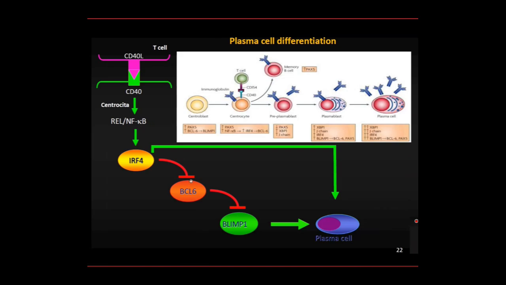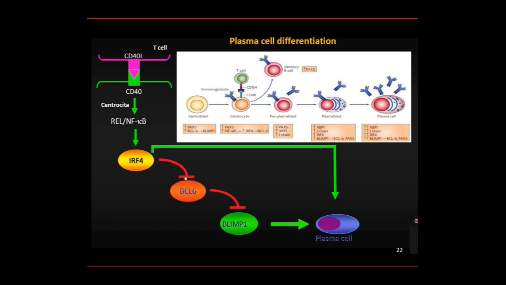You remember that BCL6 is expressed in the germinal center and does not allow a cell to progress to plasma cell. However, after T cells recognize our lymphocyte to be ready to progress to plasma cells, IRF4 expression is induced by CD40 signaling and the NF-kB pathway. NF-kB is not only in tumors like marginal zone lymphoma, but NF-kB is in the biology of lymphocytes.